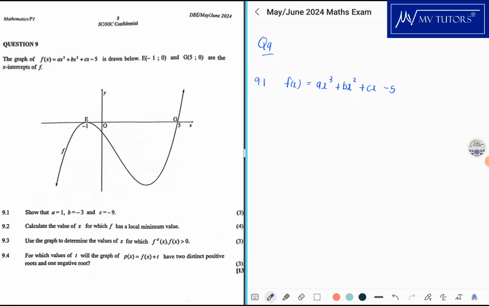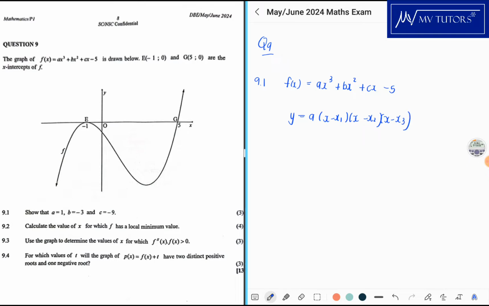If you need to look for the equation of a function and they've given you all the intercepts, basically you're going to use y is equal to a(x minus x1)(x minus x2), because it's a cubic function, (x minus x3). Okay, that's what you're going to use.